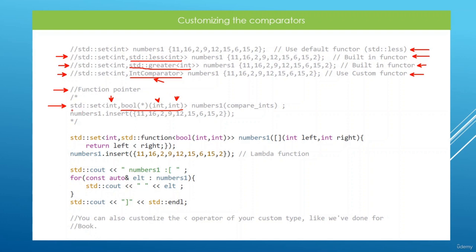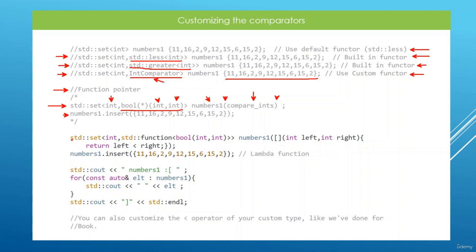And then after we have this setup, we specify our variable name for our set, and then we pass our function pointer as a parameter within these two pair of parentheses. You should remember this syntax. Once we use function pointers like we do here, we don't have the luxury to initialize in place using braced initialization, but we have the option to insert our data using the syntax here. This is going to work really well.